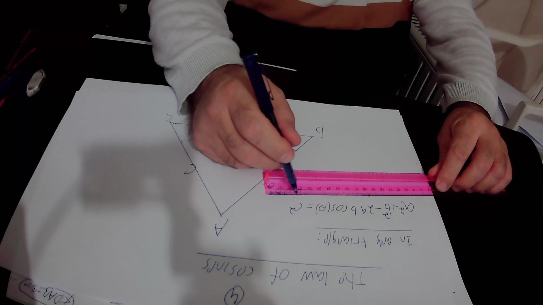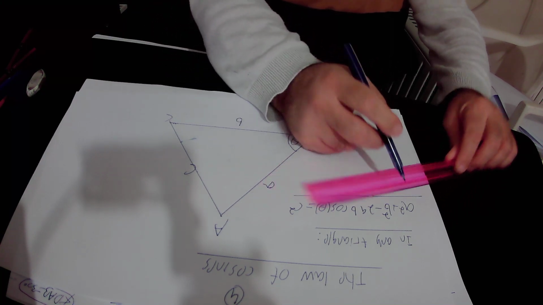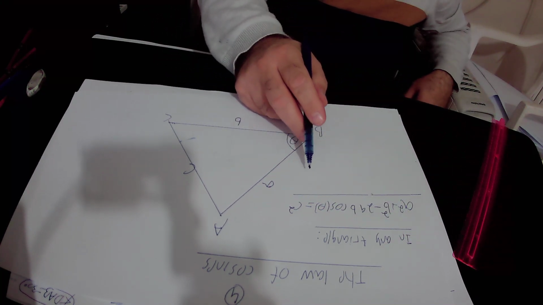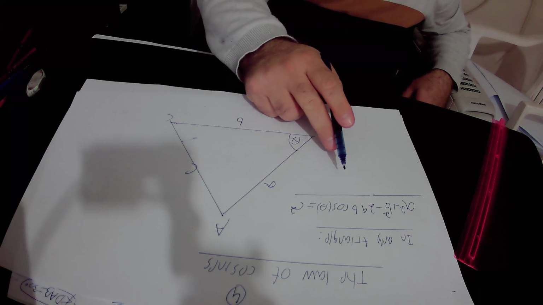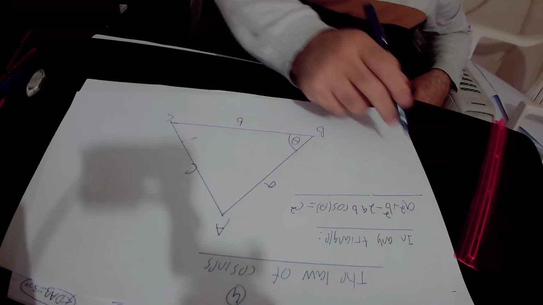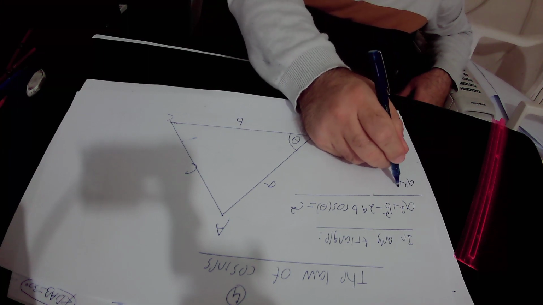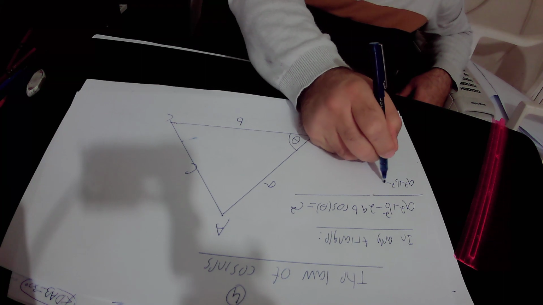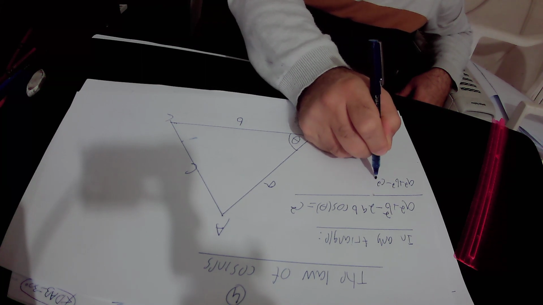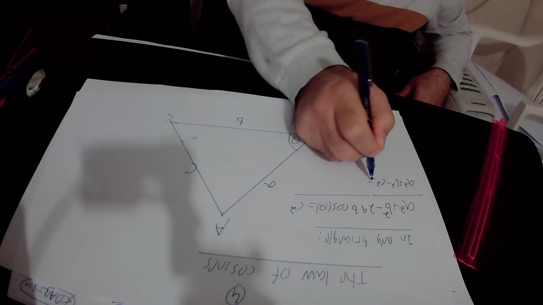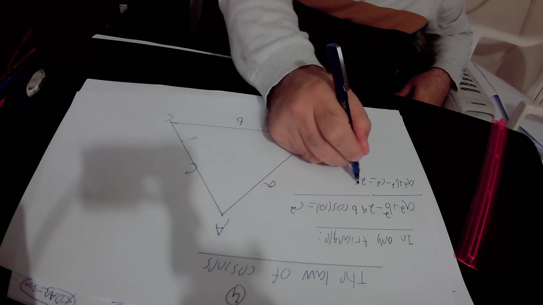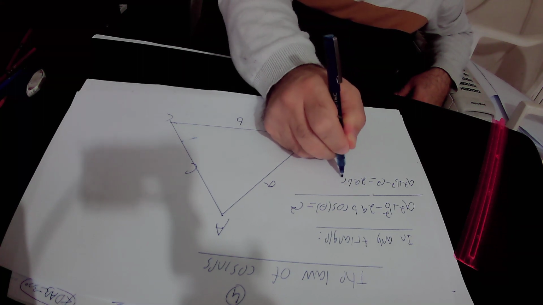So here we will subtract C square from this equation, and we will add to this equation 2 times AB cosine theta, and we will get that A square plus B square minus C square equals 2 times A times B times cosine theta.